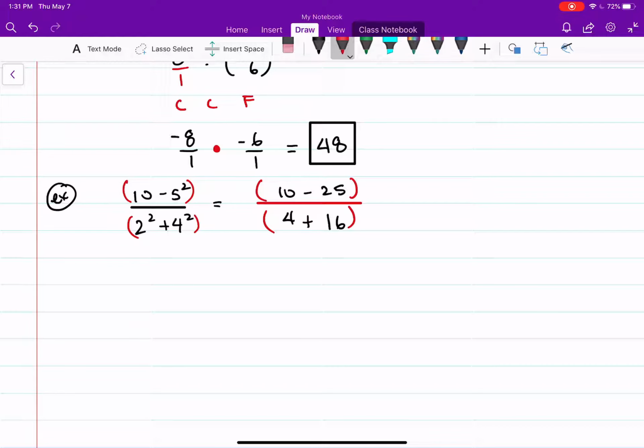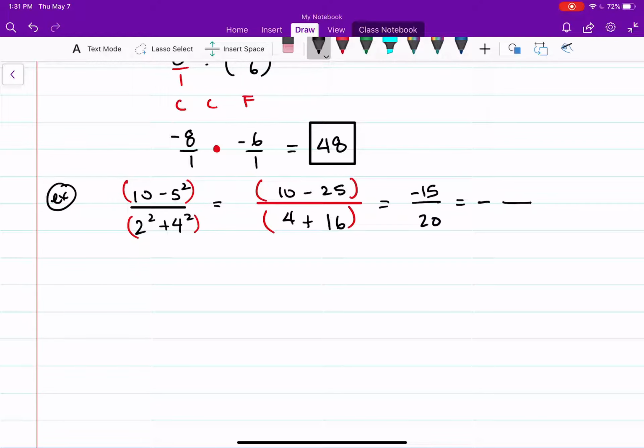Okay, so the top I'm going to get a negative 15. Bottom I'm going to get a 20. Okay, so the question is, number one, signs tell me that this is going to be negative.